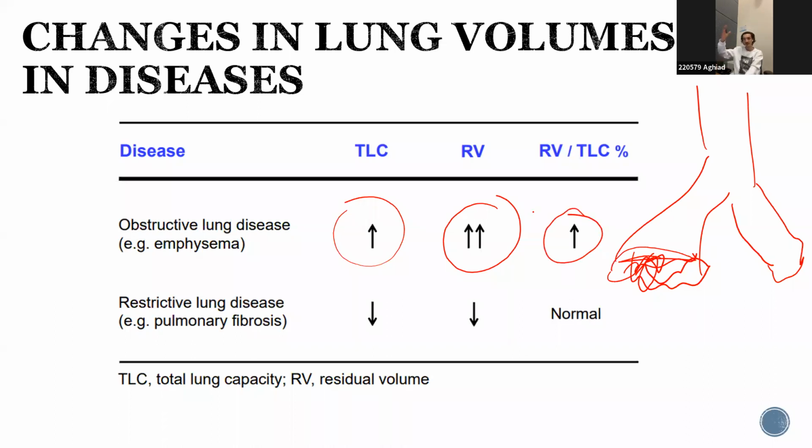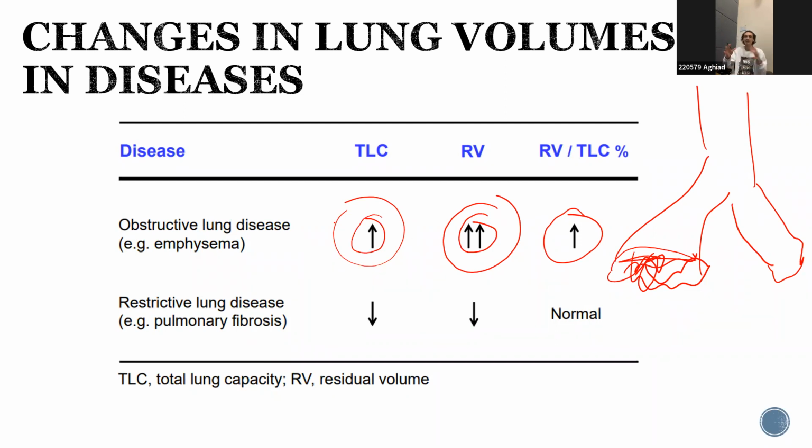When the ratio increases, you know it's obstructive lung disease damaging the alveoli, and that is by a doubled increase relative to just a normal increase in residual volume compared to total lung capacity.